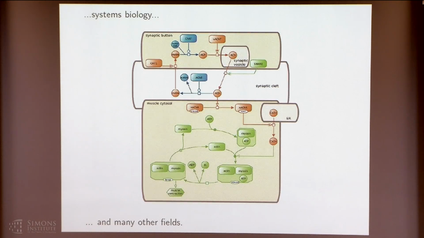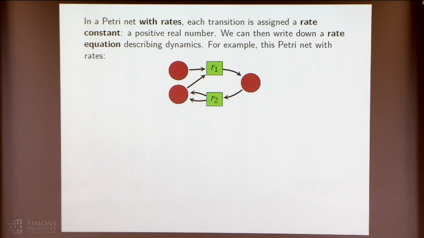But that's what I want to talk about. In systems biology, they use these quite a lot. I'm already forgetting, this is something about the operation of a muscle. They had very complicated Petri nets, and they're used in many other fields.